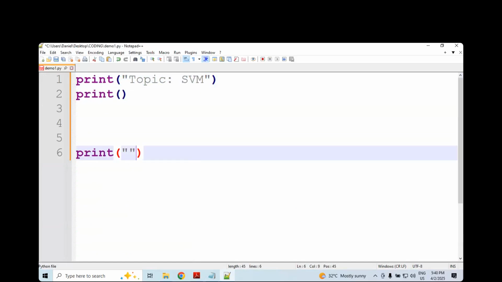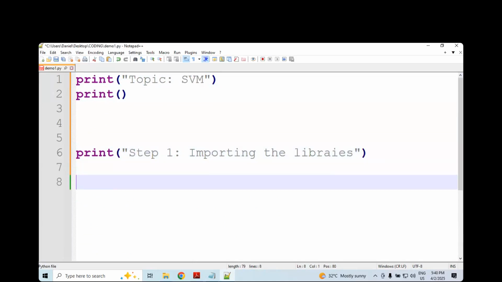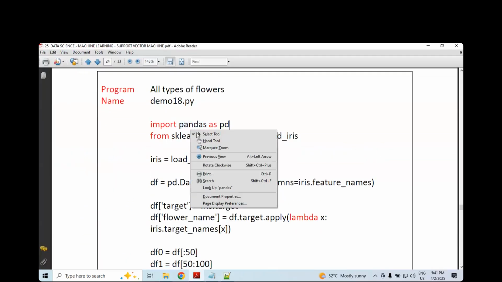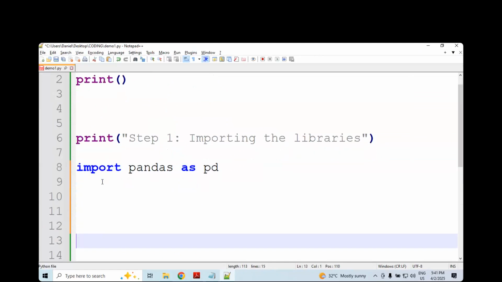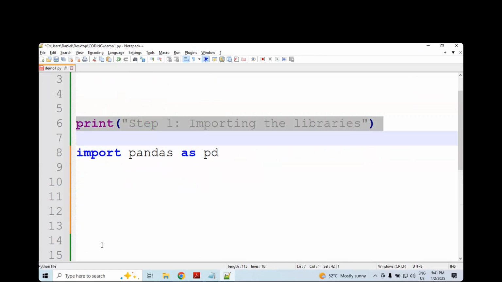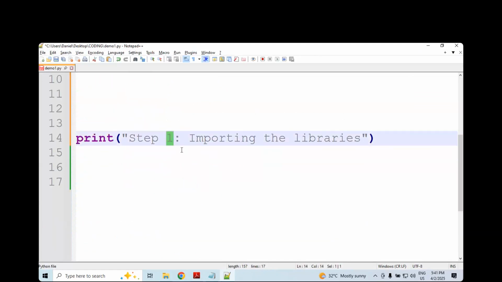Step number 1, importing the libraries. We know these are all libraries. Which libraries do we have to import? Pandas, as of now. Let me import pandas. Then step number 2, loading the data set. Let us do it very quickly.